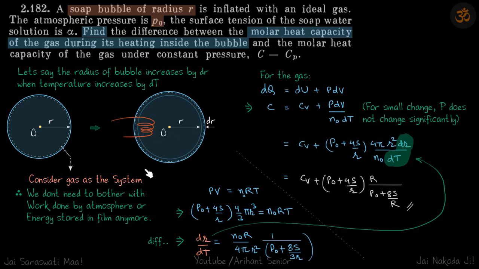Once it is larger, the heat needed is less. So this is the molar heat capacity. The problem is asking for C minus Cp, so you can just subtract Cp from this and get your answer. But this is the more general term, which is just the molar heat capacity. All right.